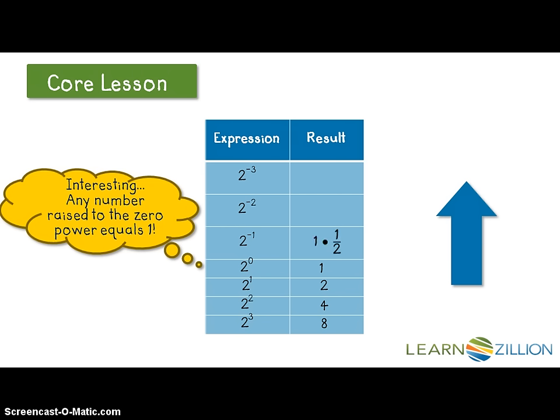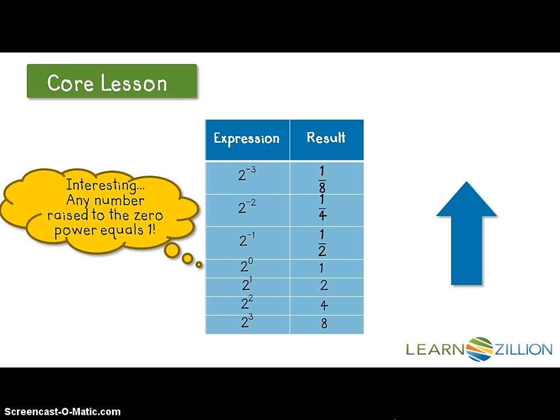Well, 1 times 1/2 is equal to 1/2. Let's take that 1/2 and multiply again by 1/2. 1/2 times 1/2 is equal to 1/4. So 2 to the negative 2nd power is 1/4. Multiply by 1/2 again, and we get 2 to the negative third power is equal to 1/8.